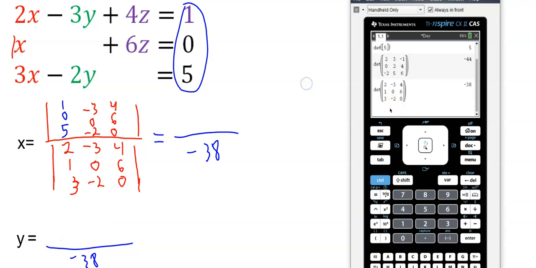So, by the way, you can just type the letters DET if you want. That also works, and put a parentheses. It's a 3 by 3. So 1, 3, 4, 0, 0, 6, 5, -2, 0. -78.